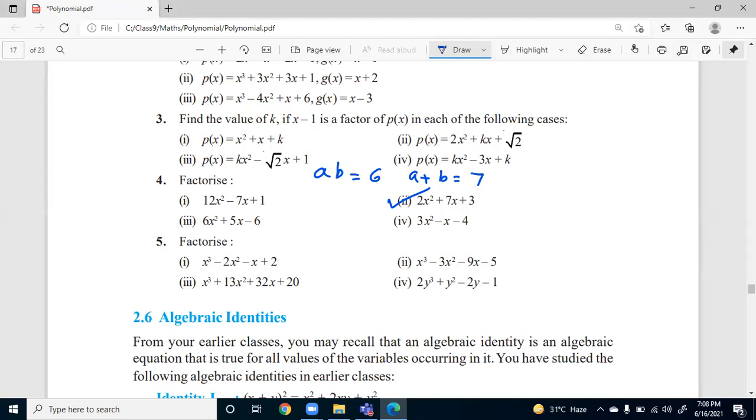So you can see A into B is 2 into 3, that is 6, and A plus B is 7. So we got A and B as 1 and 6. 1 into 6, 1 plus 6 is 7. So we are splitting the middle term 7x as x plus 6x.